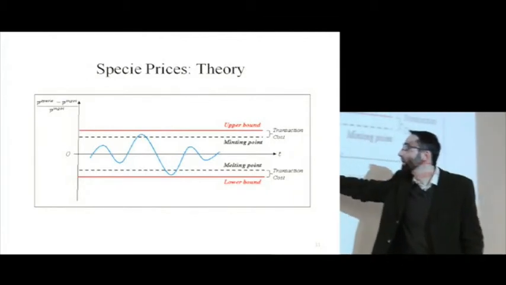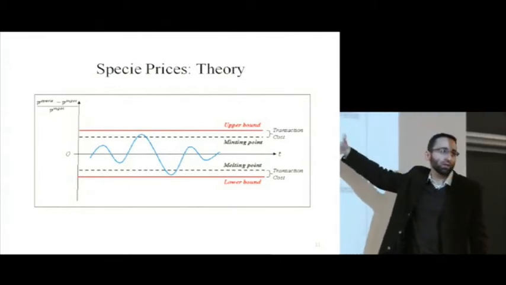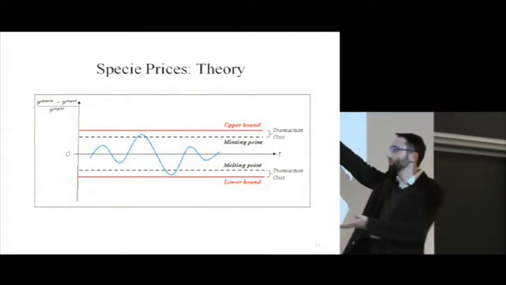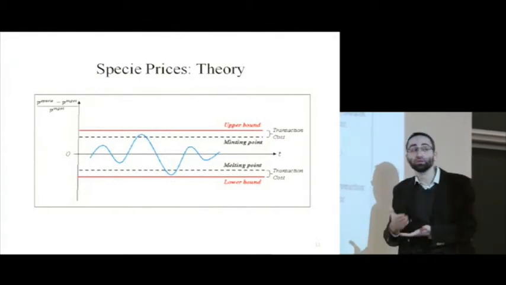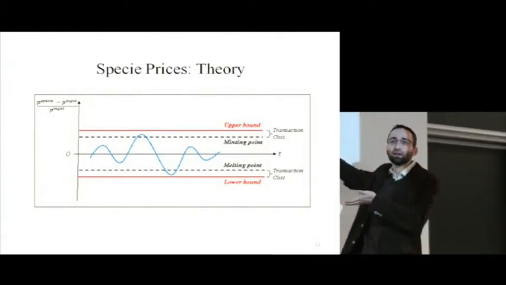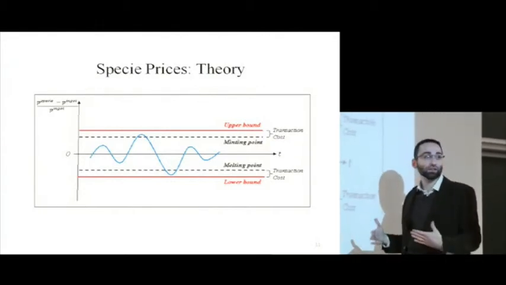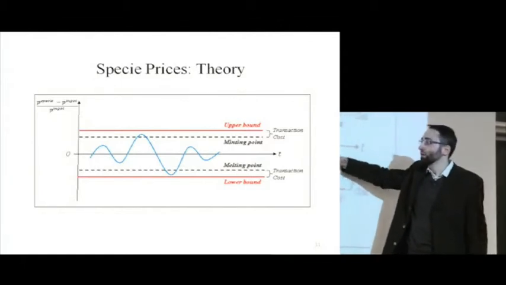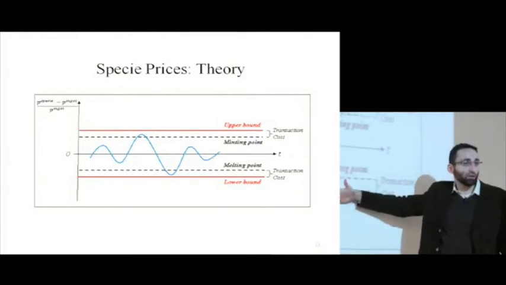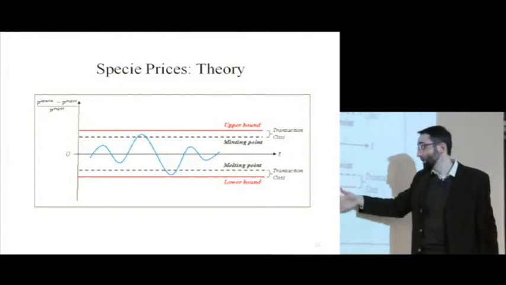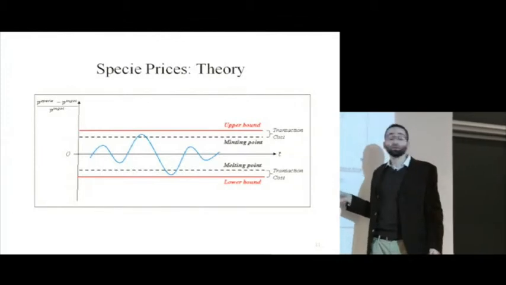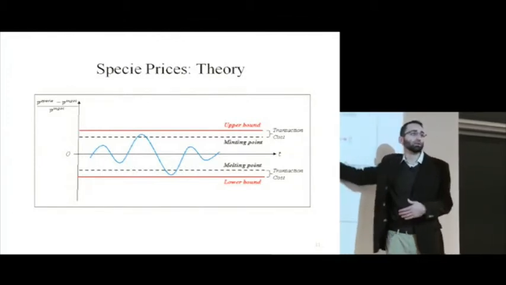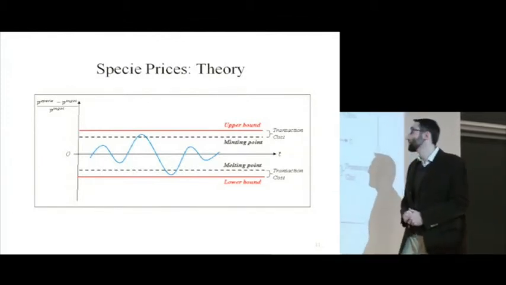Okay, so in theory there should not be much problem, because you would expect that the price of the ingot would not fluctuate below a certain given corridor, which is given by a melting point. If the price of the species goes below this point plus a transaction cost, then it will be melted, so it cannot go too low.